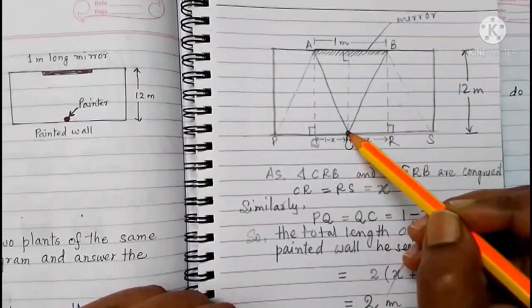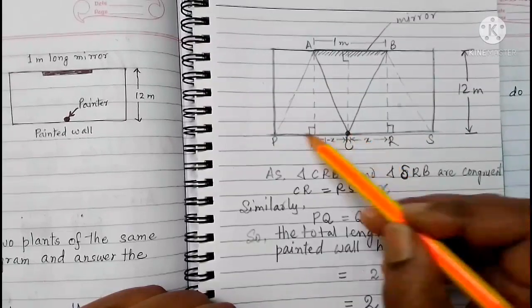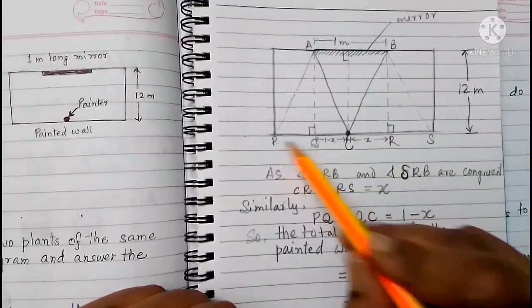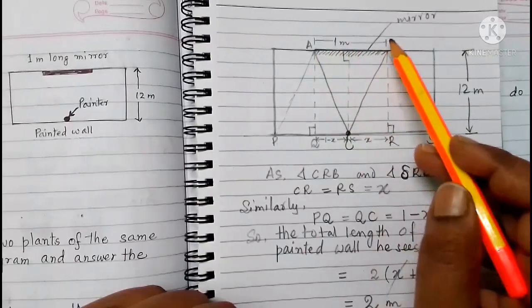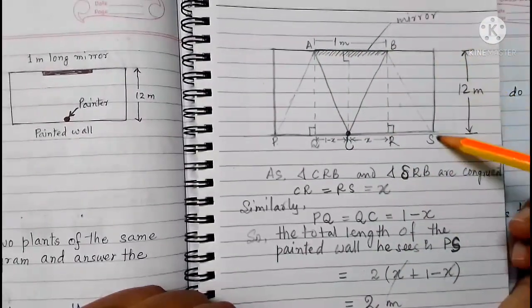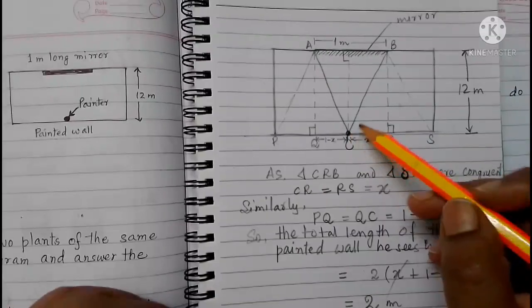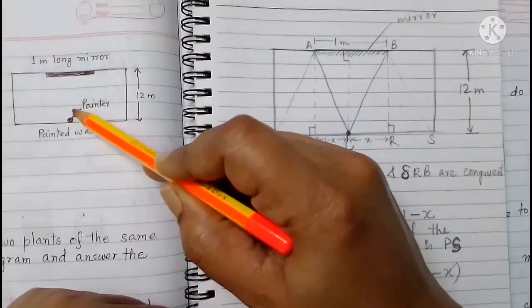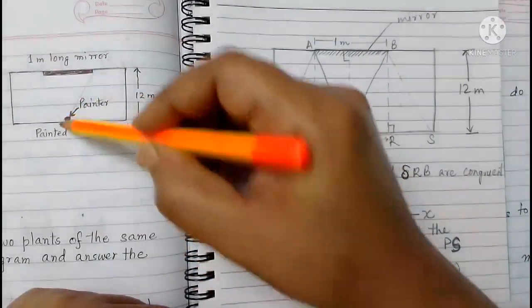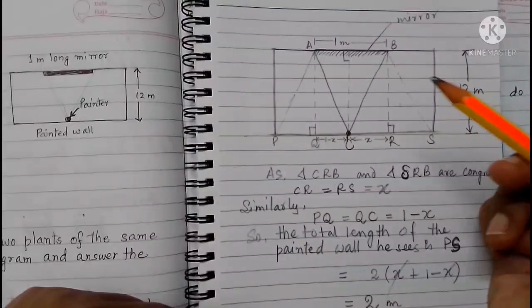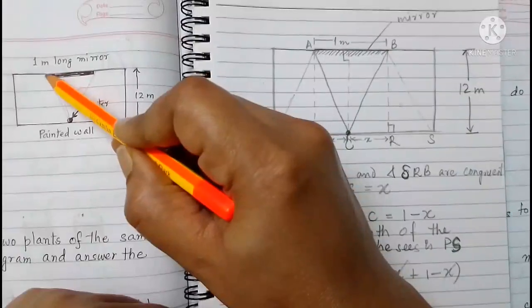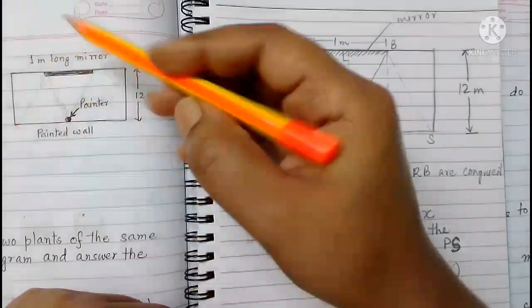This person is standing here and leaning his back on the wall. So the wall is PS and the mirror is AB. It is 1 meter long and the distance between the two walls is 12 meter. I have projected certain lines in this way, and now again I have drawn like this.